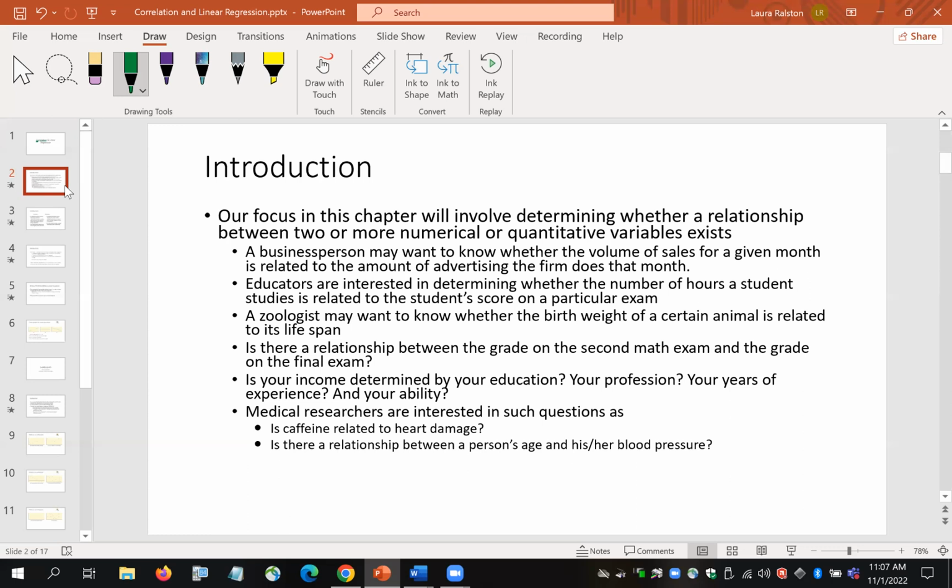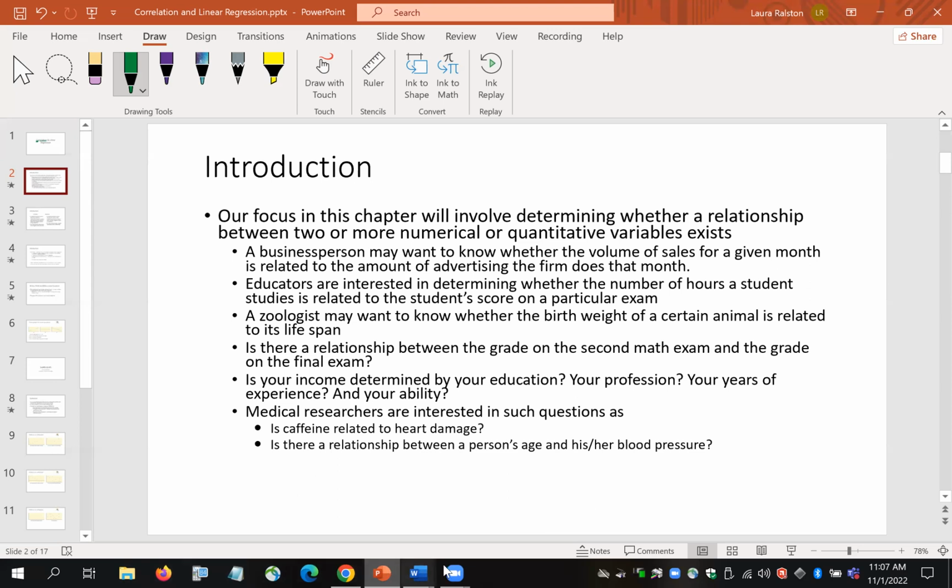Is your income determined by your profession? Is your income determined by your years of experience? So there's lots of different variables there that we could consider. Think about medical research. Is caffeine related to heart damage? Is there a relationship between a person's age and his or her blood pressure?